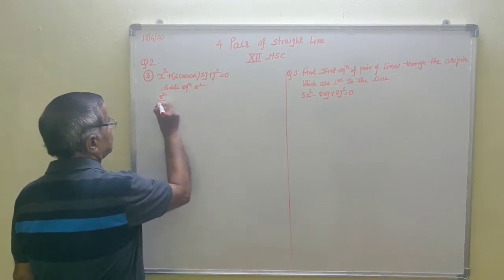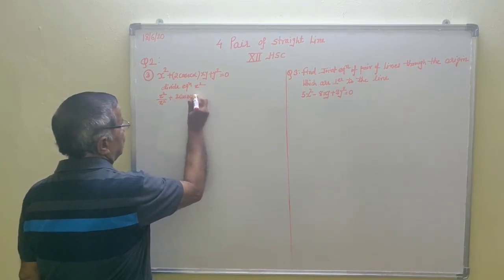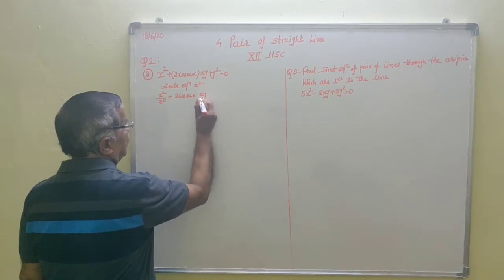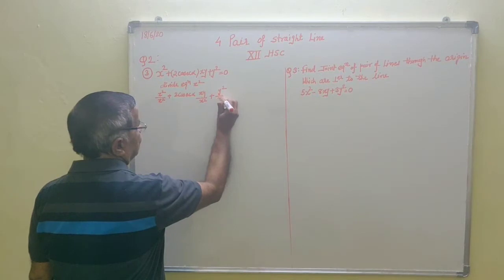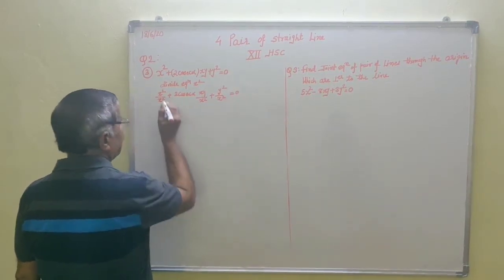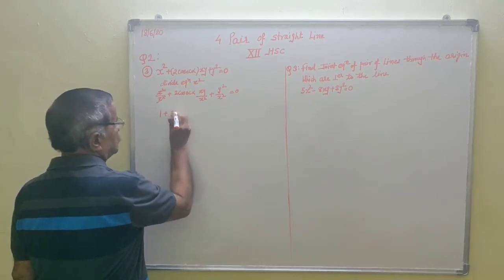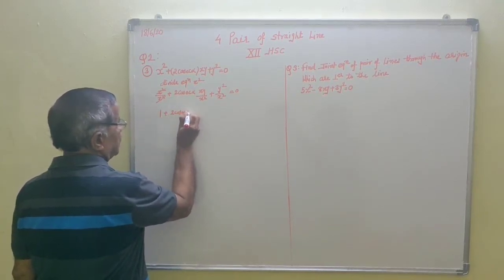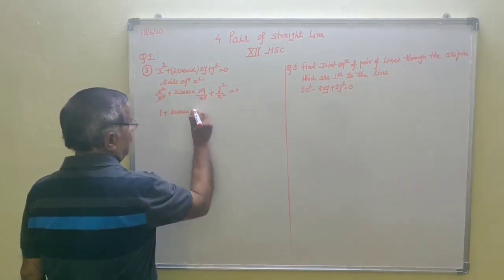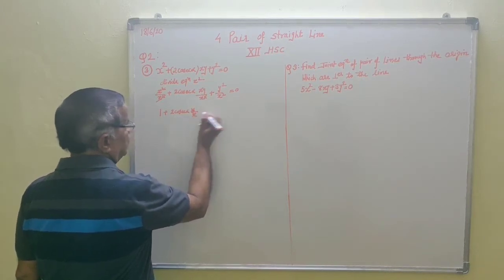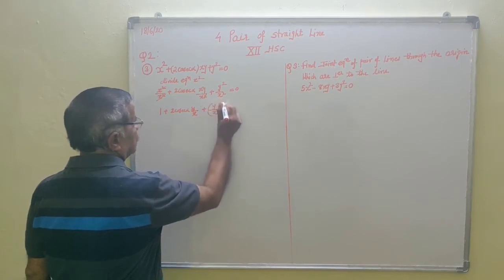Now x square upon x square plus 2 cosec alpha xy upon x square plus y square upon x square. The x square will get cancelled, so 1 will come here, plus 2 cosec alpha, and x will get cancelled, so y upon x will come here, plus y by x the whole square.